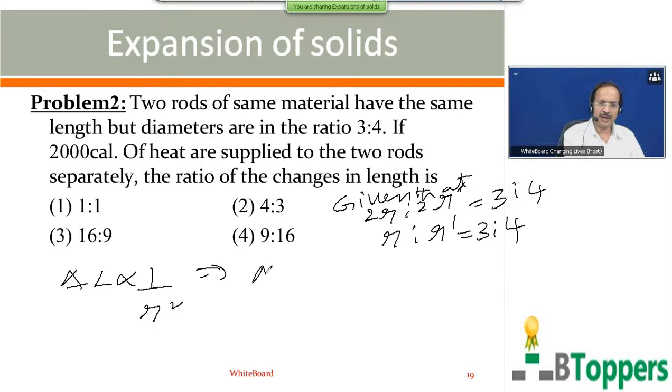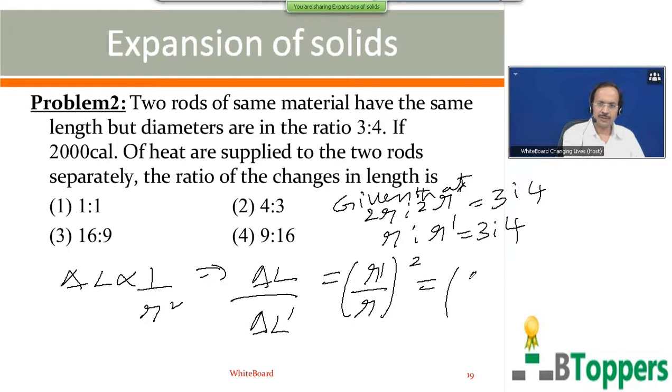Therefore, as explained in the calculation just before this problem in special case 2, the ratio of the increase in length of the first rod to the increase in length of the second rod is the square of the inverse ratio of the radii of cross section. So that will be 4/3 whole square or 16/9.